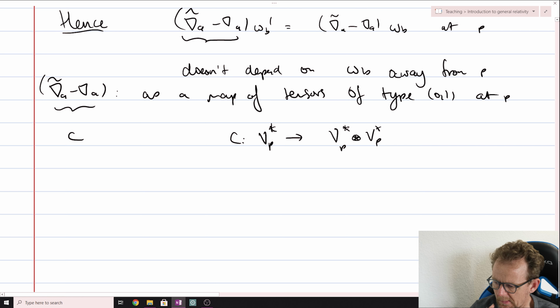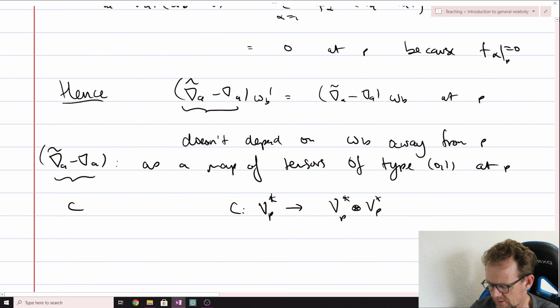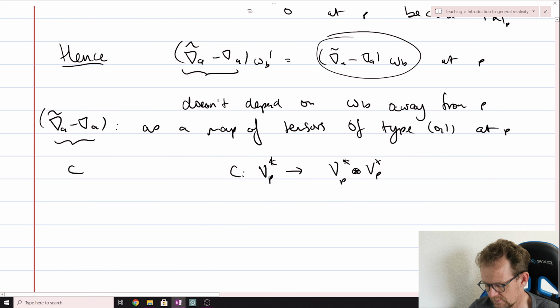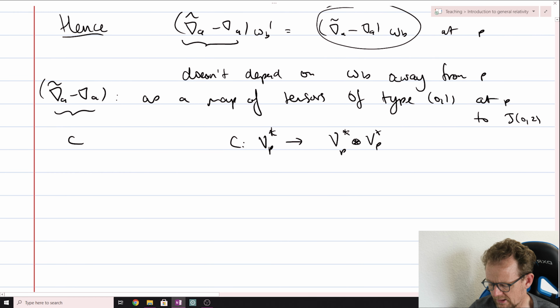Right? Because delta takes a dual vector and produces an object, this object here, and this object has, in abstract index notation, 2 indices at the bottom, so it's a tensor of type 0, 2. So C is a linear map of vector spaces like so.